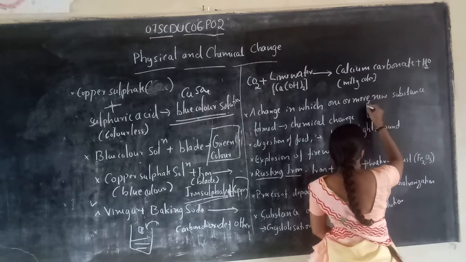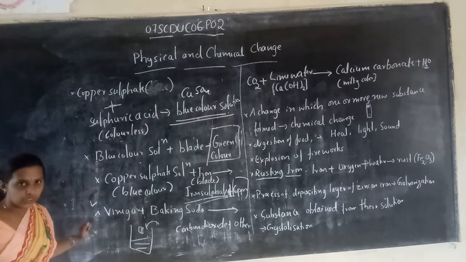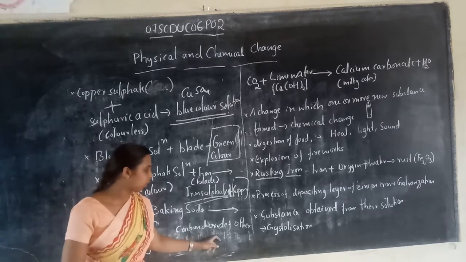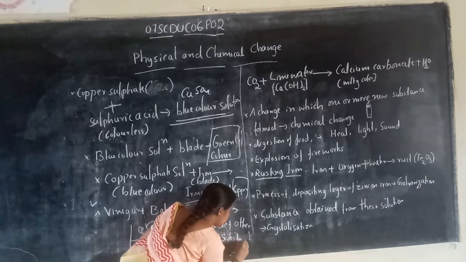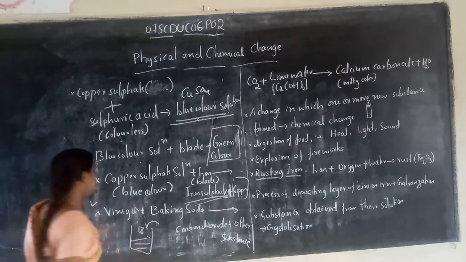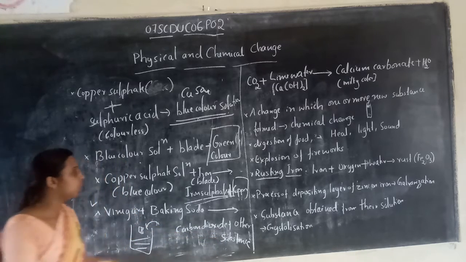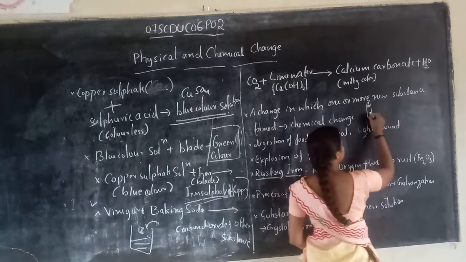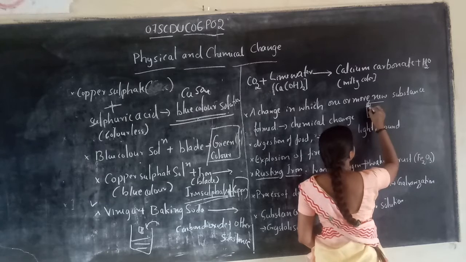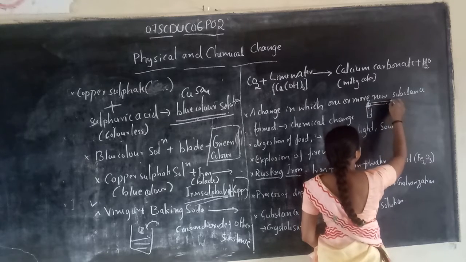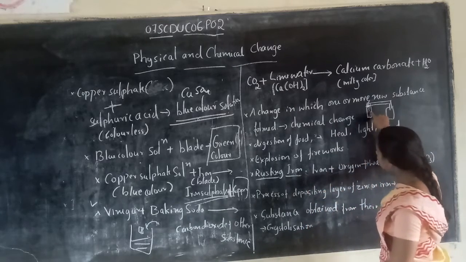When vinegar is added to baking soda, we get carbon dioxide and another substance. The bubbles of carbon dioxide form, and they are connected to the next jar.